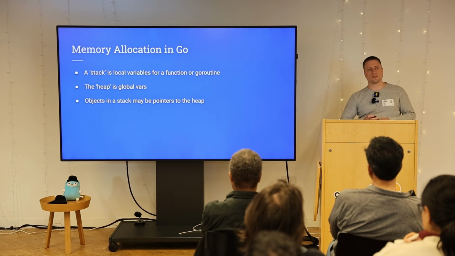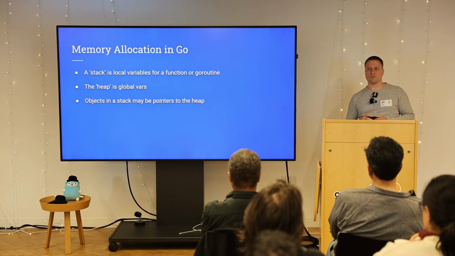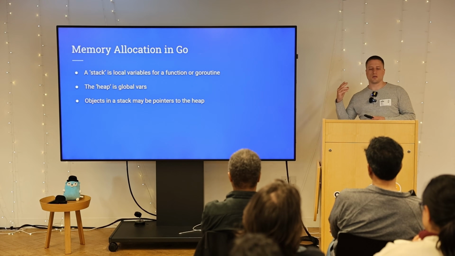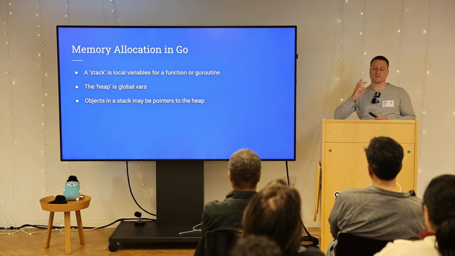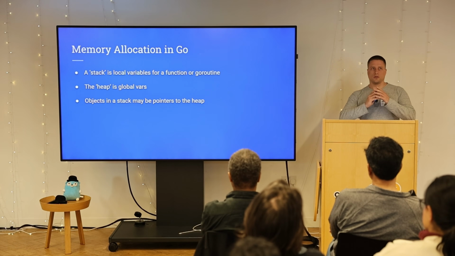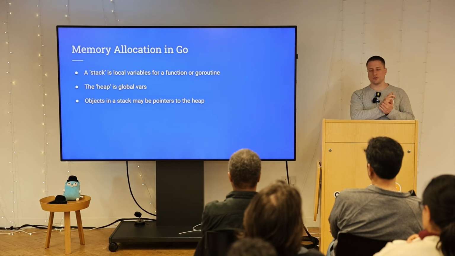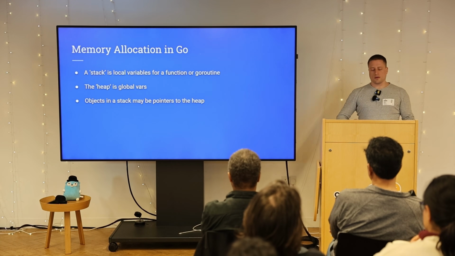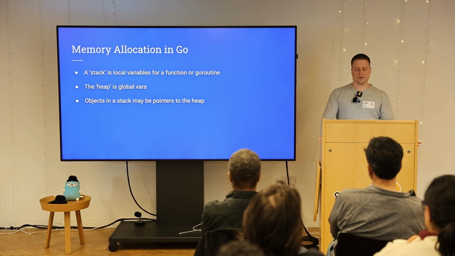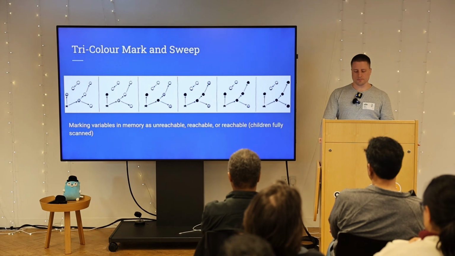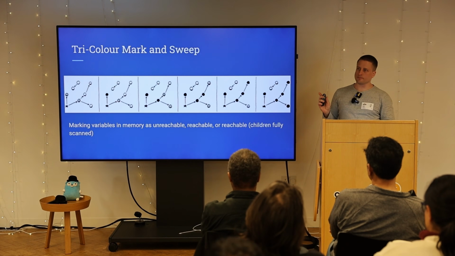What that means is you can have a global variable that's passed into your function or your goroutine so that a reference to it exists in the stack, is still being used, but the object, because it's global, lives in the heap. So the way Go's garbage collector works normally, it's called a tricolor mark and sweep garbage collection. This is operating over the heap, not the stack.